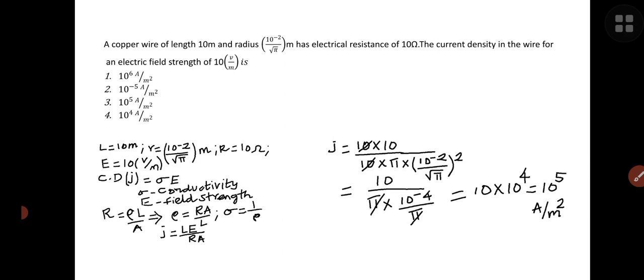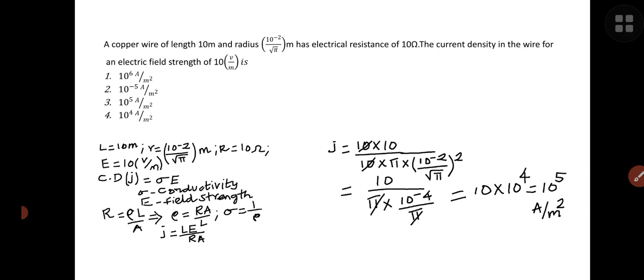The current density in the wire for an electric field strength of 10 volt per meter is: option 1, 10 power 6 ampere per meter square, option 2, 10 power 5 ampere per meter square, option 3, 10 power 5 ampere per meter square, option 4, 10 power 4 ampere per meter square.